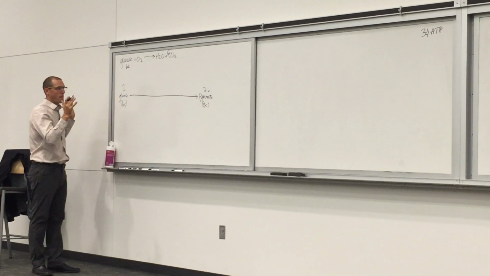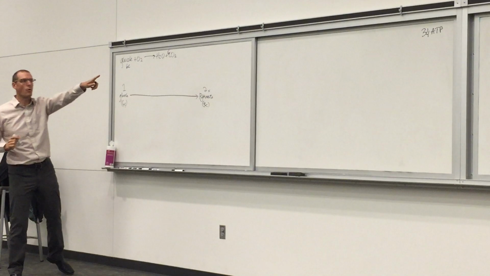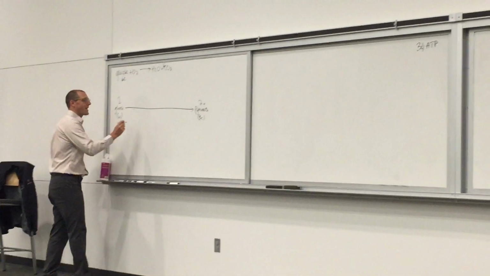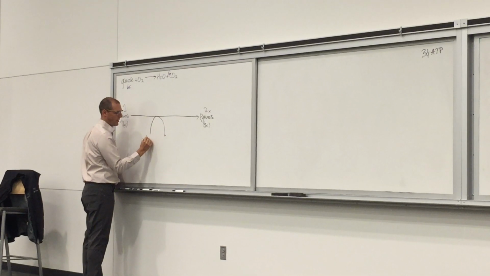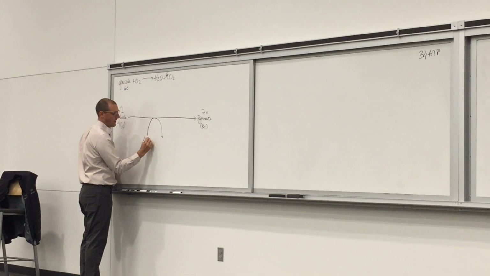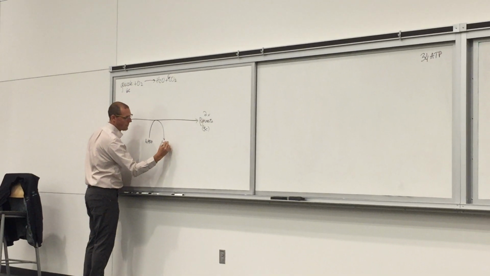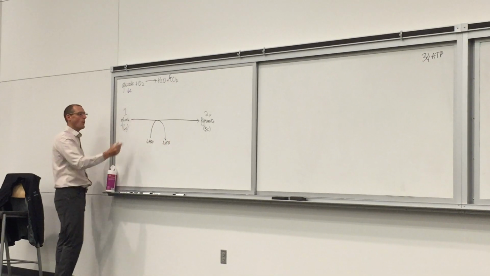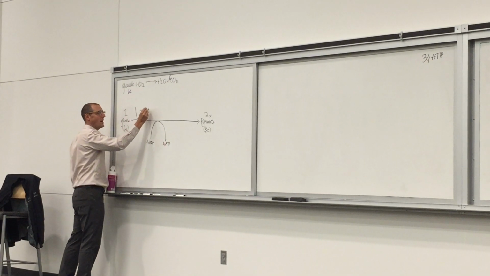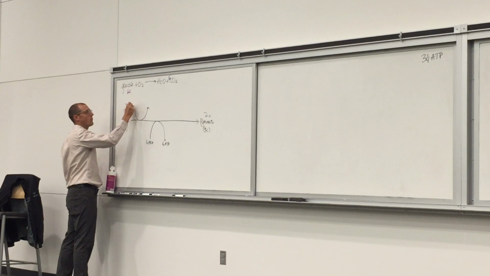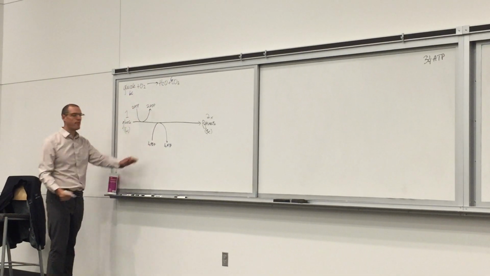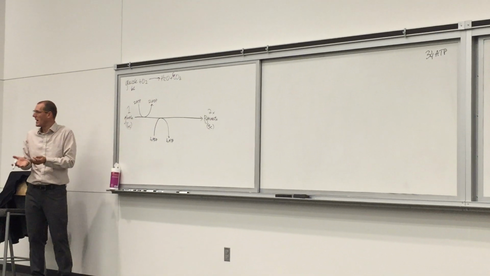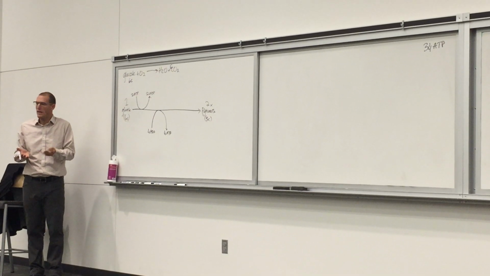Okay, so our ultimate goal, remember, is to make all that ATP. We're going to make a little bit of ATP when we start off. And we're going to start off by making 4 ATP. But to make those ATP, we actually have to put some energy in the form of ATP. So we put 2 ATP in, and we get 4 out. What's the net gain now? Net gain's 2, yeah?